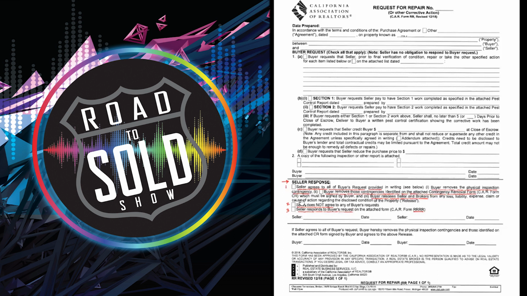So you have an option, and the first option is that the seller agrees to the buyer's response above. So if the buyer checked 3 boxes up here and the seller checked the first box, they would agree to all three of these.